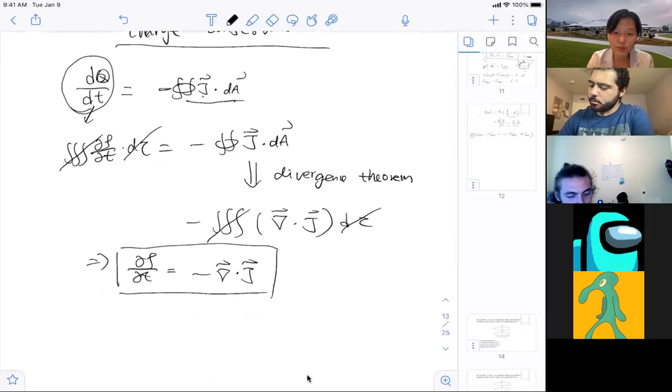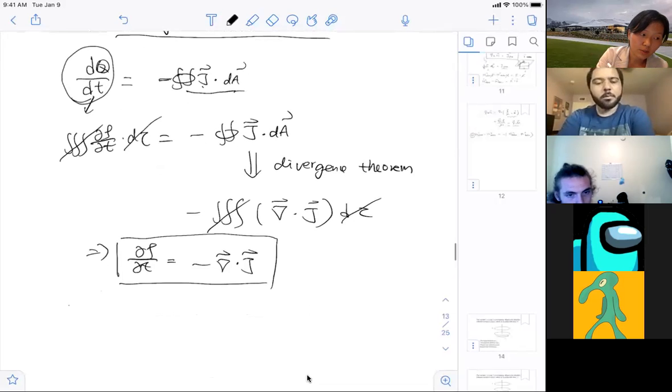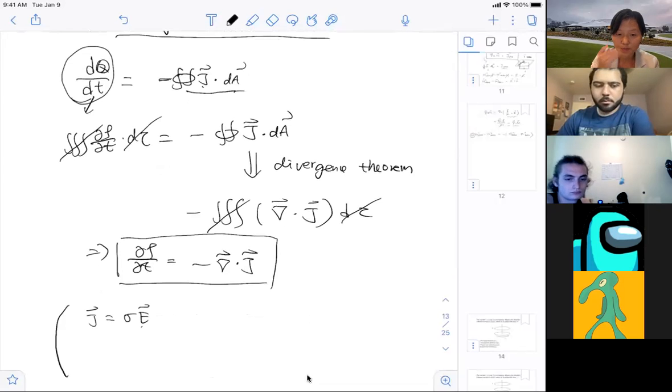There are a lot of very interesting conclusions we get from charge conservation. For example, combine that with Ohm's law, which is j equals sigma E. Now this is very interesting. E means that, let's say you have a battery, which produces a constant push on your charges. That gives you a steady current.